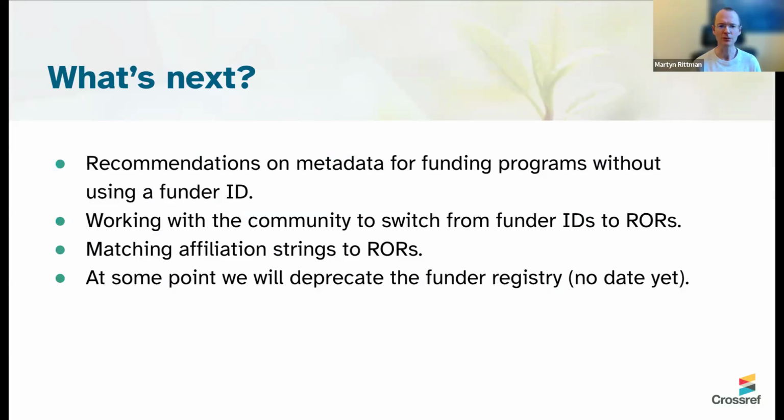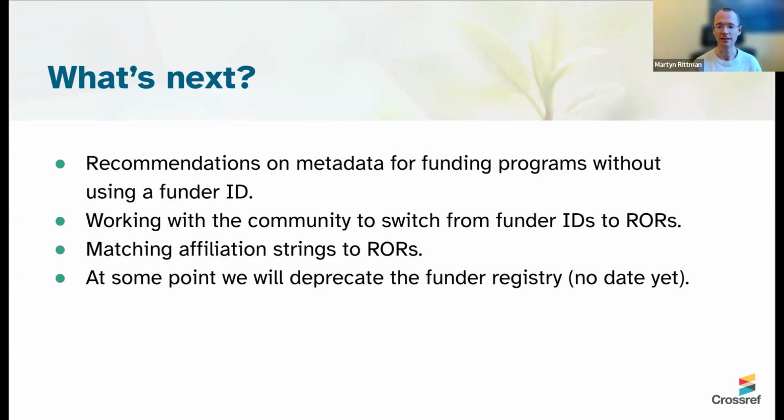And we're going to work with our community to get our members to switch from using funder IDs to RORs, see what the blockers are, particularly work with some of the large platforms and editorial systems, because as we heard earlier with Atypon, when there's uptake from some of the larger editorial systems, that can move the needle quite significantly.